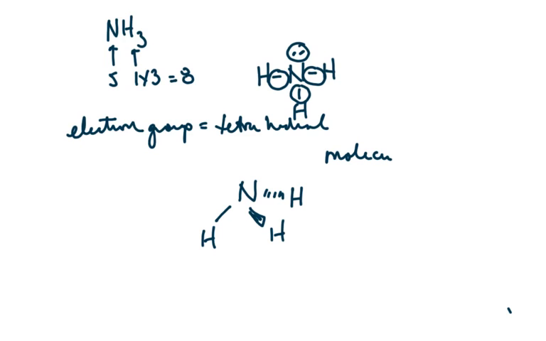The one I'm going to call this, so molecular shape, I'm going to call this pyramidal. So this is illustrating how when you have a lone pair instead of all atoms attached, the electron group arrangement is actually different than the molecular shape. Okay, let's keep going.